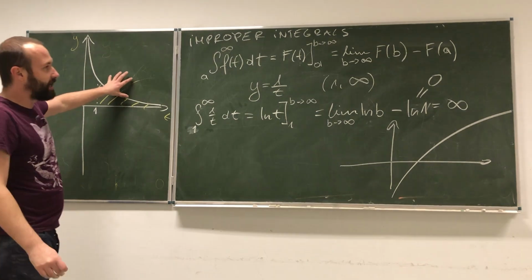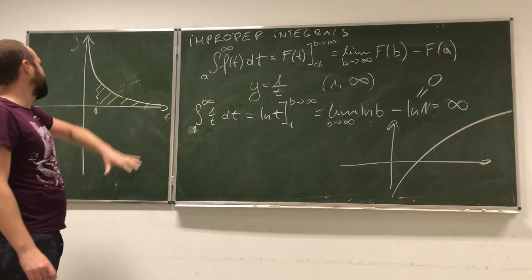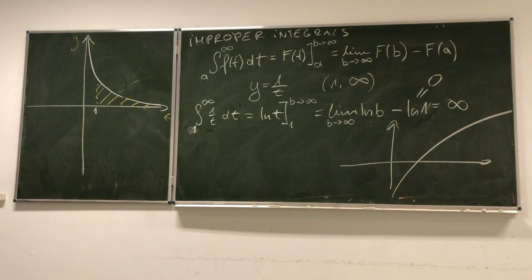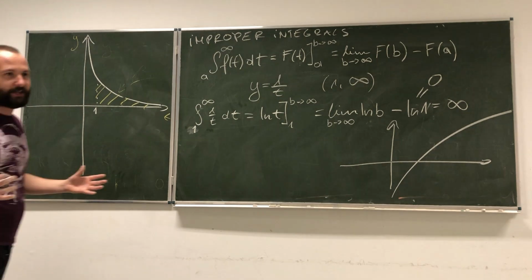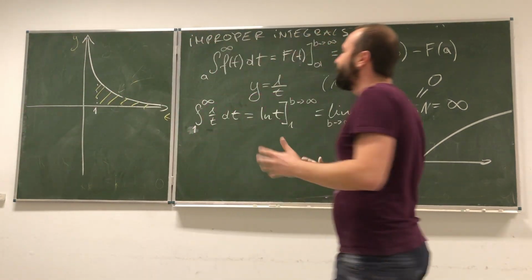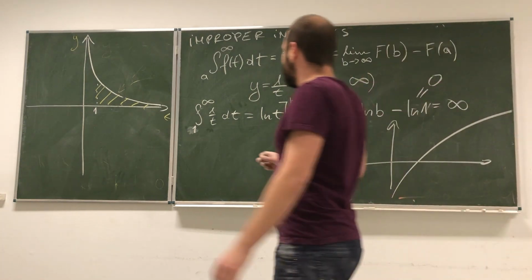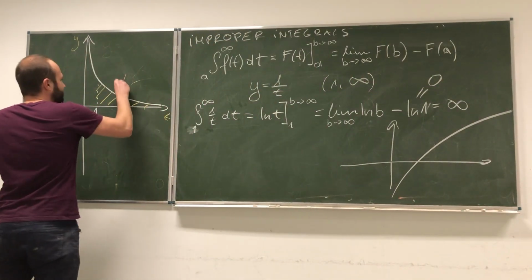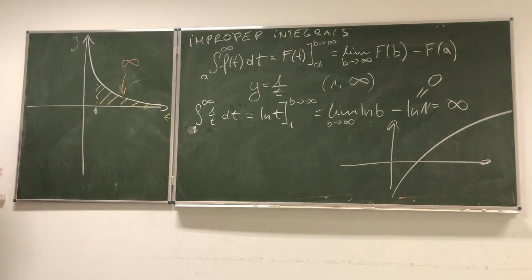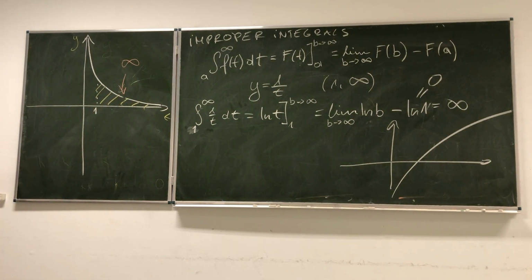Because we had area equal to 1, now it's infinity, which means that the area cannot be calculated because the function is not convergent. So, in this case, we could simply say that this area is infinitely big.